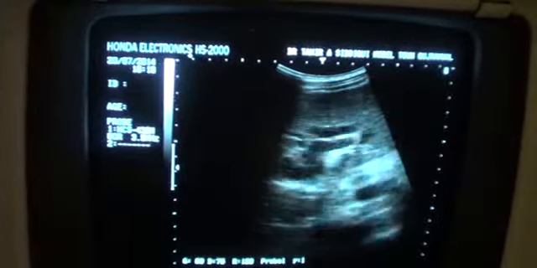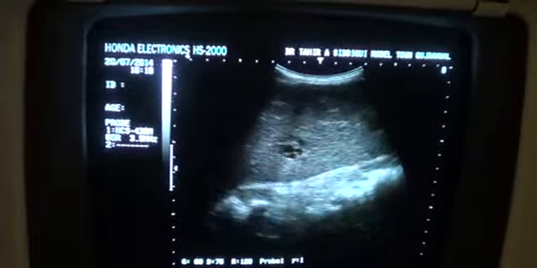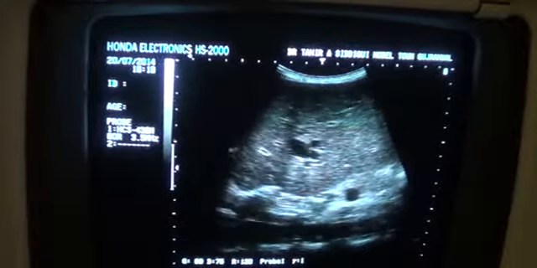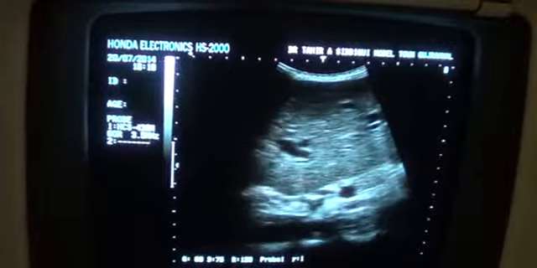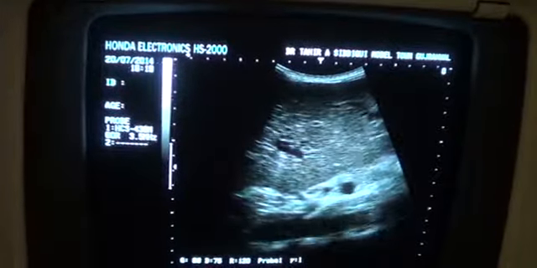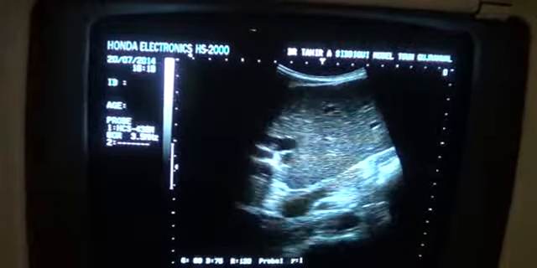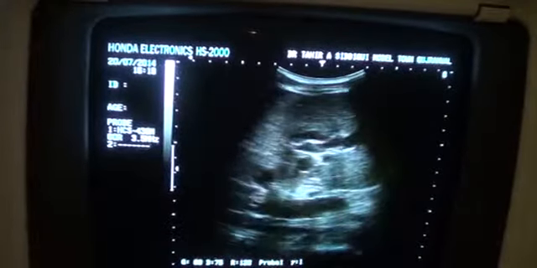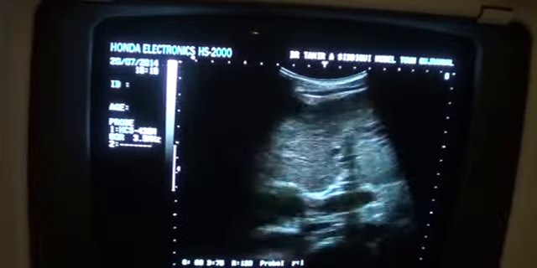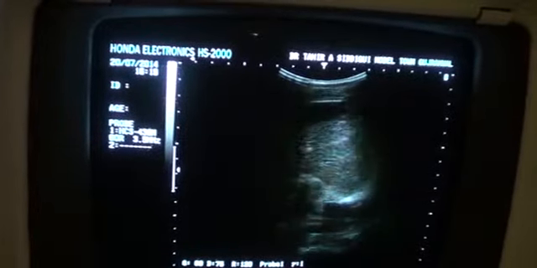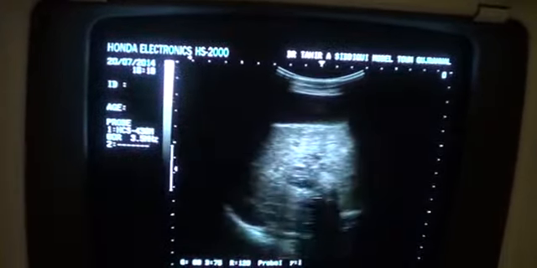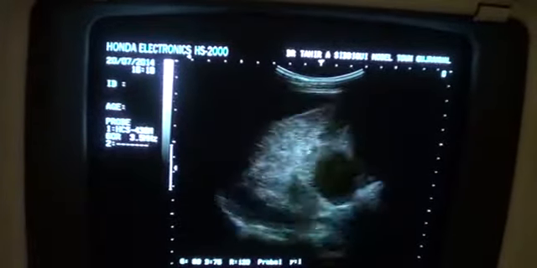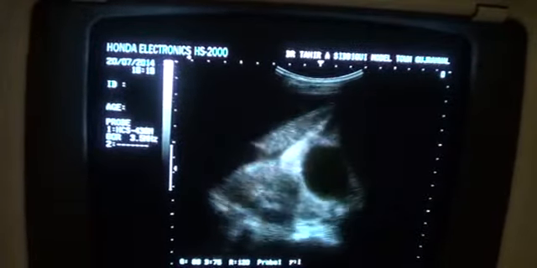So there are no para-aortic lymph nodes. There is no evidence of portal vein thrombosis. Here you can see, following the portal vein in the intrahepatic region, from here onwards it becomes difficult.